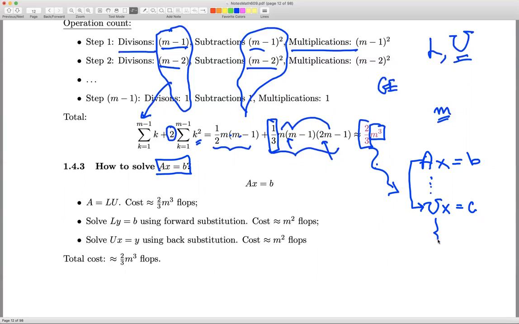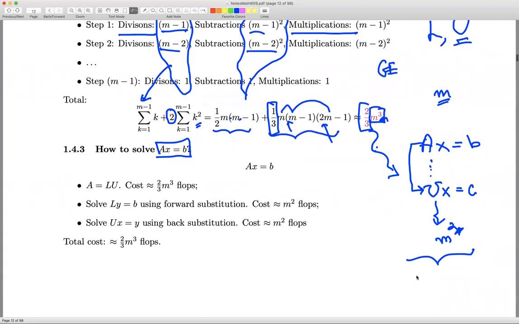And then to go from here to solve for x is m squared, and therefore the total cost of solving a system using Gauss elimination, since here this power is 3 and this power is 2, and we take the biggest power, is approximately 2/3 m to power 3.